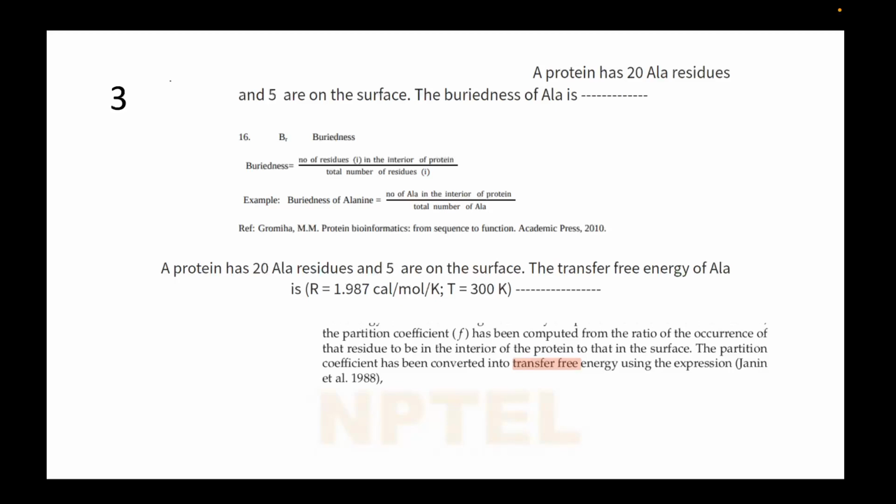Can you try calculating? I'll wait for a minute here. Since I have already given the value for buriedness, try to calculate it.